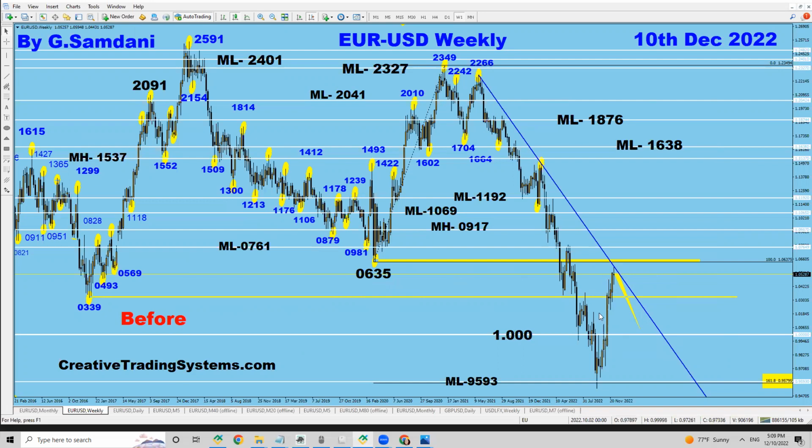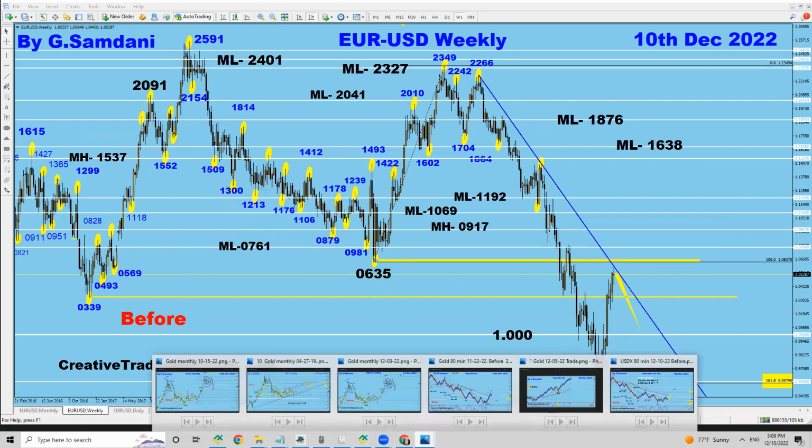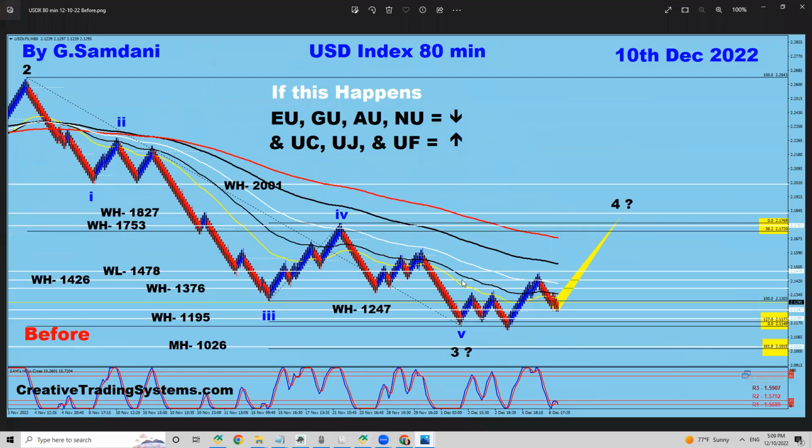And another reason that I'm thinking it's going to drop is the US dollar index chart, which is my 80-minute chart, is this. So this is like an Elliott wave count, this is the big black count, 1, 2, and then 1, 2, 3, 4, 5, and 3. And then it's supposed to go wave 4 into this territory, right?